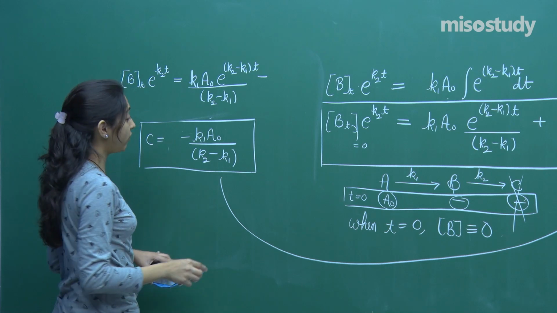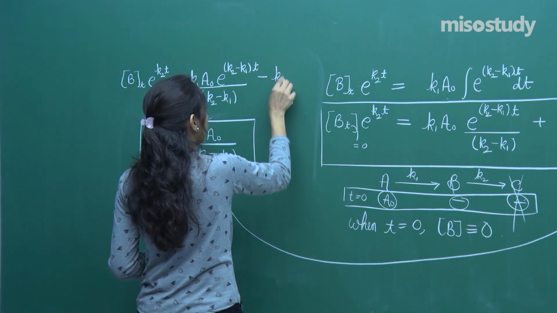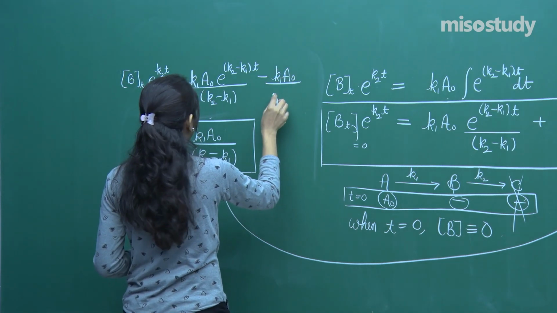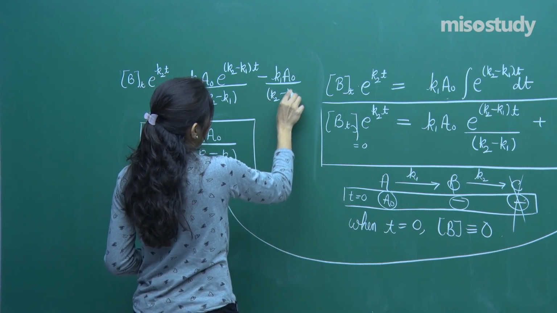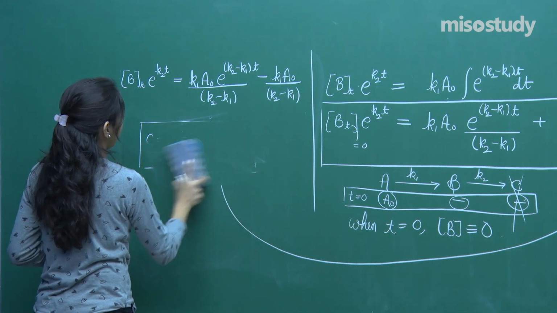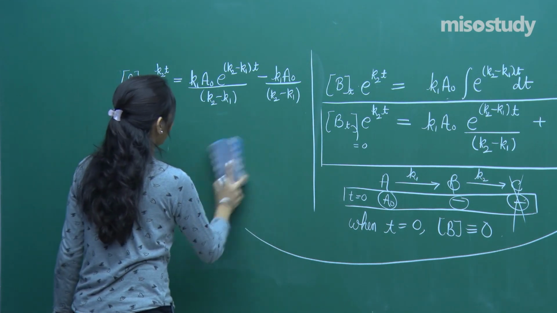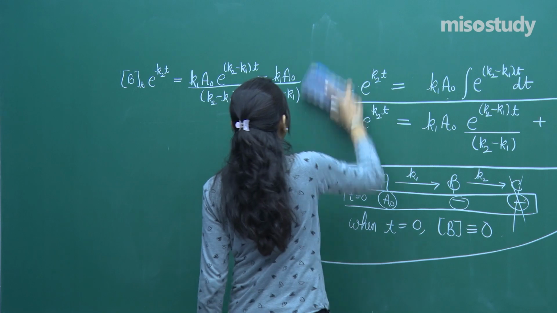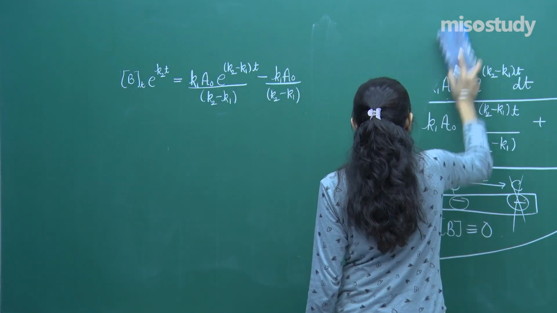So when you put the value of c, you will get minus k1 a naught divided by k2 minus k1.